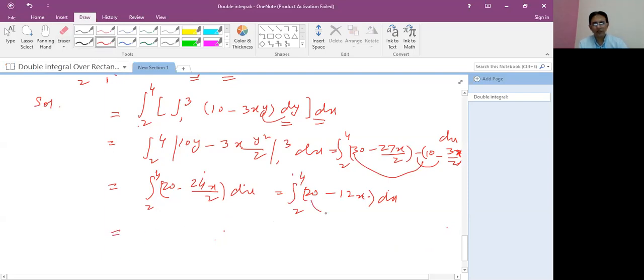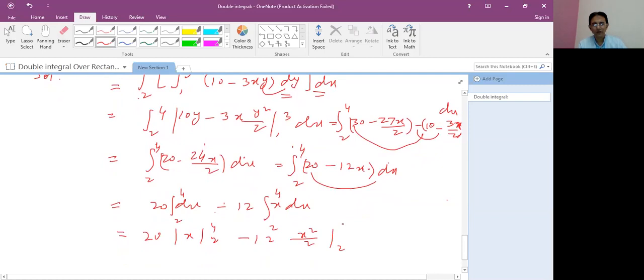If you integrate 20 dx and minus 12x dx separately with respect to x, it is easy for you, because otherwise you may make mistakes. Integrating directly, 20x from 2 to 4 minus 12 over 2, which is 6x square, means 16 minus 4, since 2 square is 4.